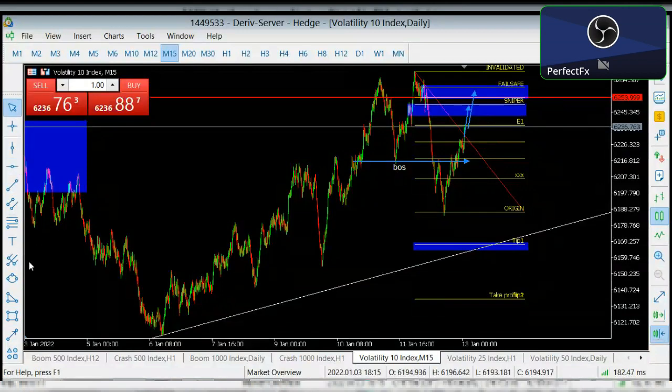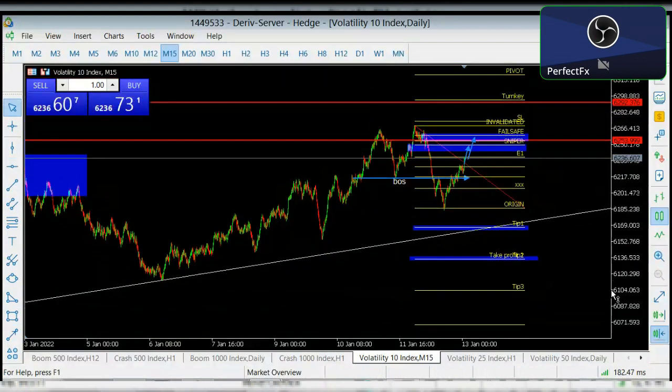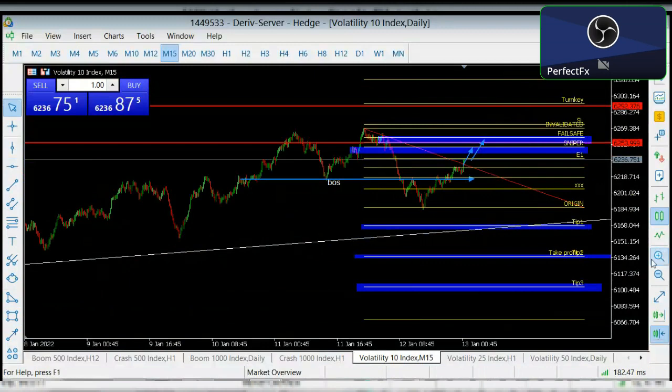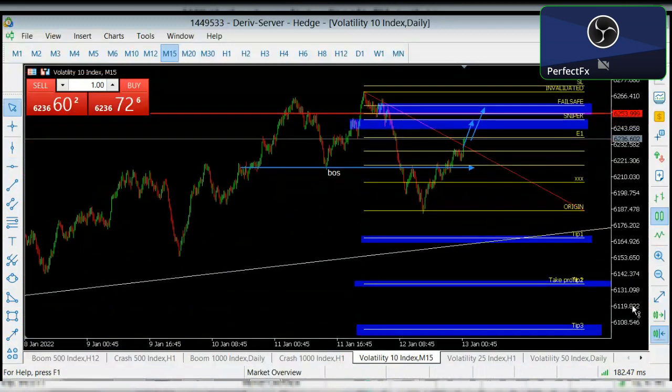If I would want to hold this trade longer, I'll be taking profit on my take profit two. And if I want to hold the trade much longer, I'll be exiting the market at the tip three, that is my take profit three. But my first point of interest for my take profit will be my tip one.